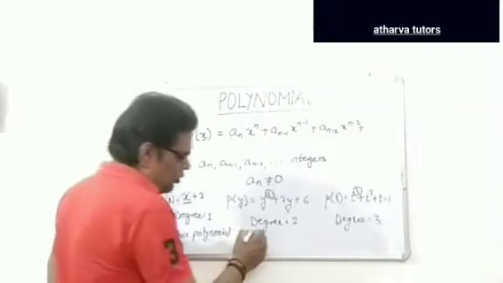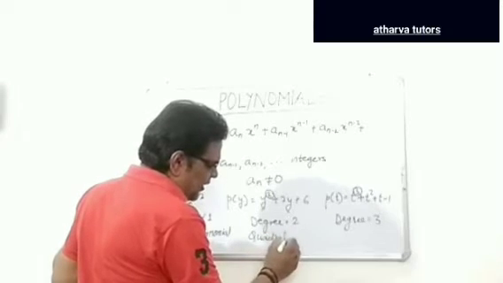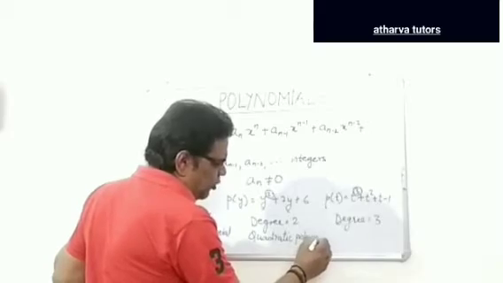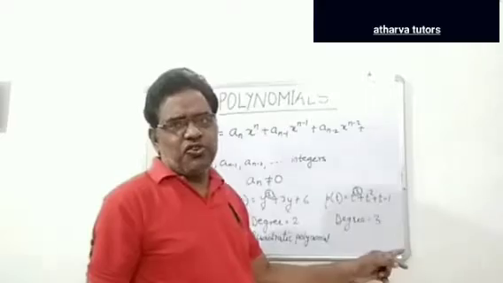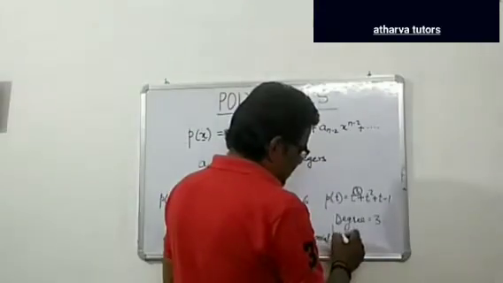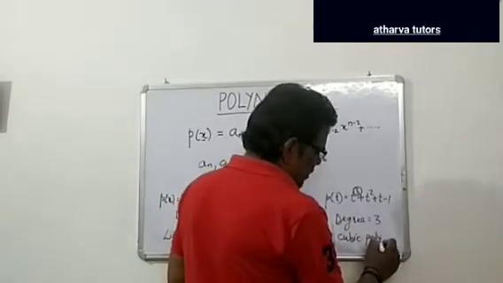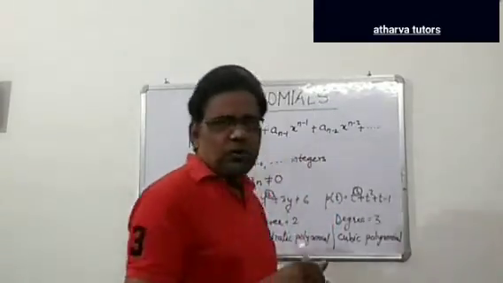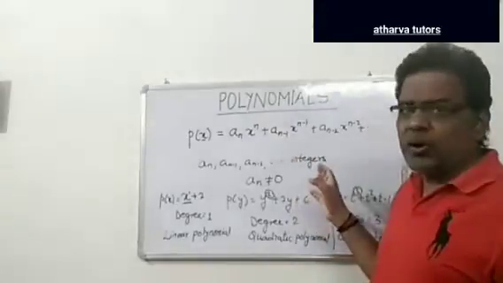With degree 2, you had called that polynomial as quadratic polynomial. And if you had a polynomial whose degree was 3, you had told that it's a cubic polynomial. So, this was what you had studied in your class 9.